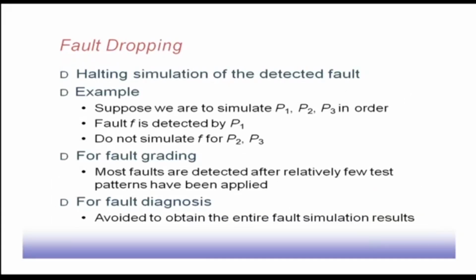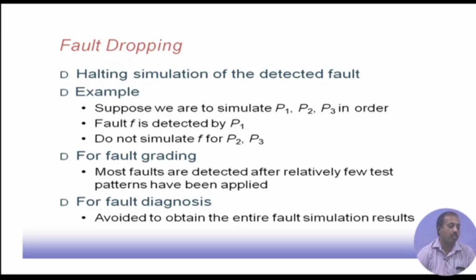Next we discuss a concept called fault dropping. Basically we want to halt simulation of the detected fault. So that is the thing known as fault dropping. Suppose in the previous example that we are considering, we have 3 patterns P1, P2 and P3. Suppose we are simulating in this particular order, P1 followed by P2 followed by P3, and fault F is detected by P1.